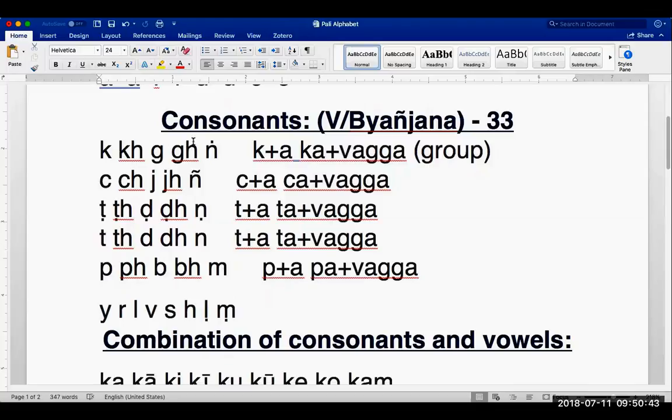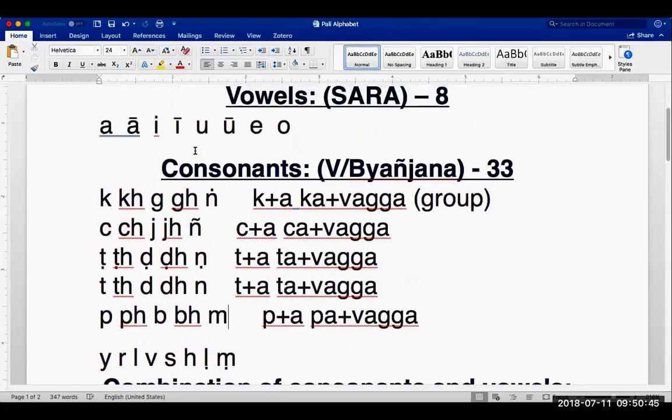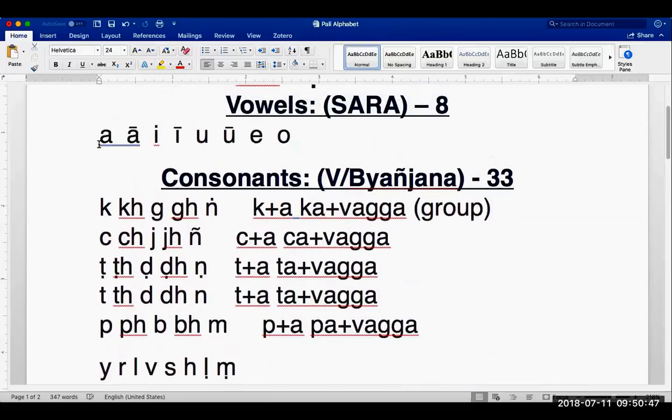Okay, this is the complete alphabet actually. I mean, there are variations, of course, but this is basically the alphabet. I will pronounce it one more time. A, A, I, I, U, U, E, O. Ka, Kh, Ga, Gh, Ng. Cha, Ch, Ja, Jh, Ny.